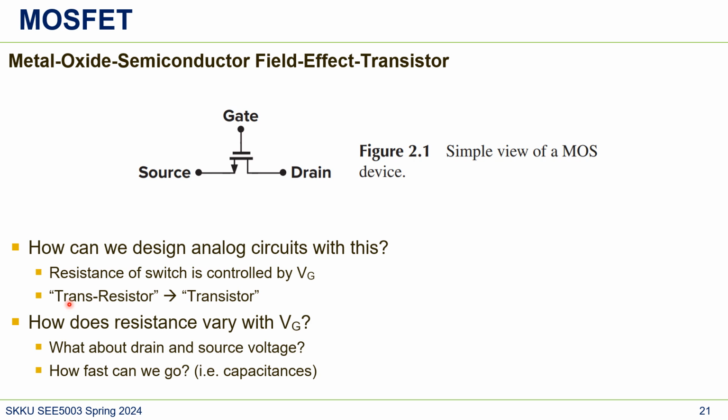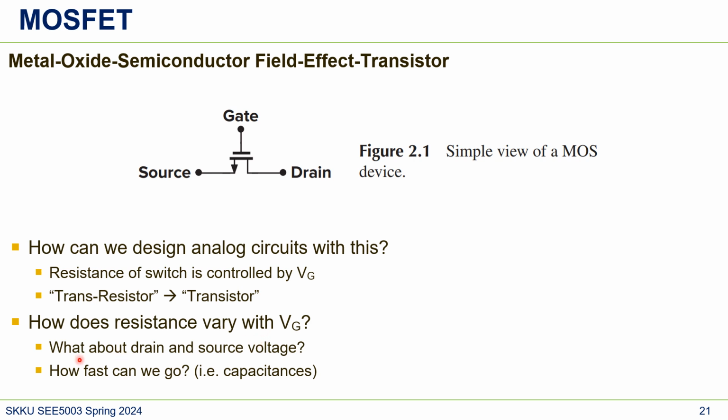So it's like a trans-resistor, a changing resistor: transistor. That's how it got named transistor. And how does resistance vary with VG? That's the important point, right? We'll cover that in the following slides.